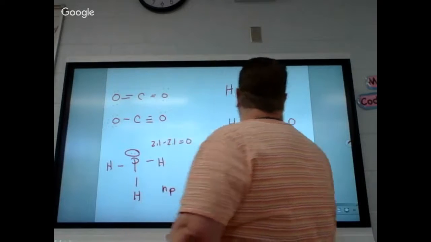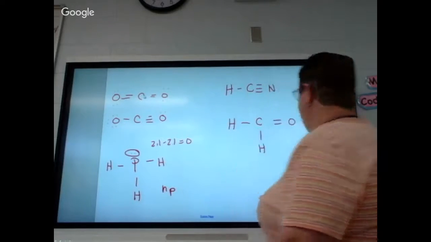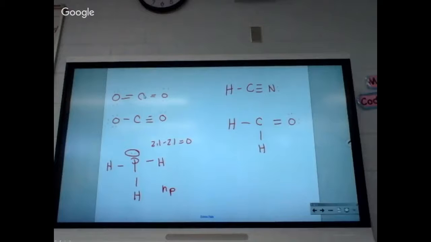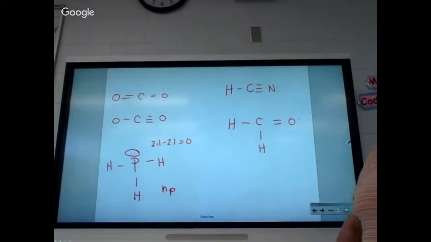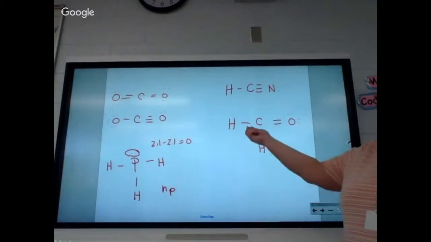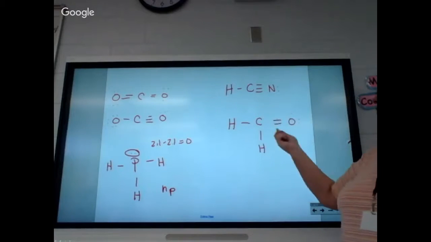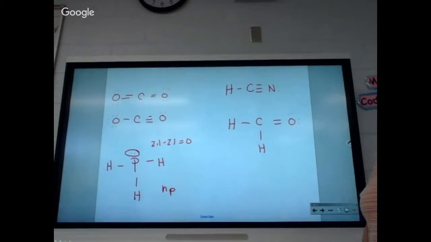How many atoms are coming off the C? 3. 3 and 0 lone pairs would tell us the geometry is what? Triangular planar. Is it polar or non-polar? It's polar. Are all these bonds between the same elements? No, that's why it's polar. Dipoles are not equal. All right, the next one.